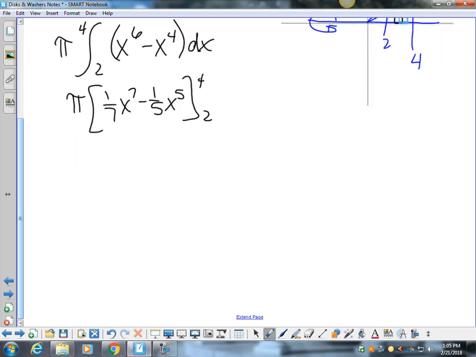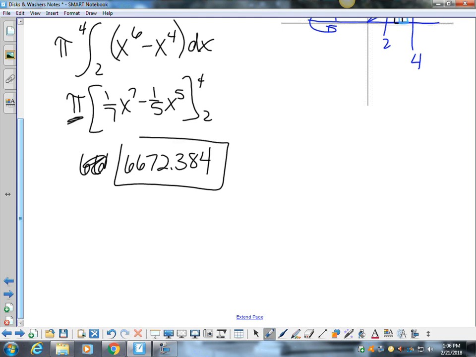Okay, this is the one, like 4 to the 7th is going to be ginormous. So feel free to plug this into your calculator. Use the integral function on your calculator, but make sure you go 3 decimal places. And I did put pi in there. And remember, when you integrate that.